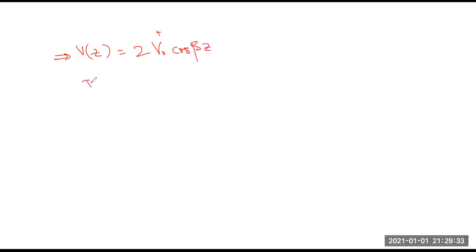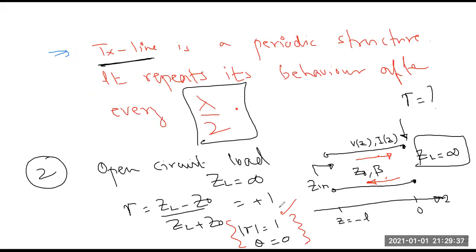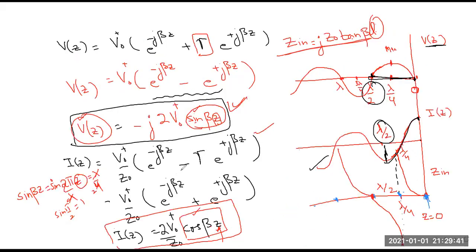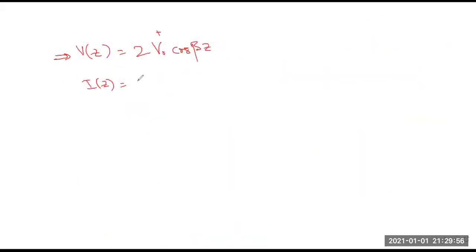Similarly, if you use this value of reflection coefficient equal to +1 in the current expression, this will remain -1. When you have a minus exponential function, that is the difference of these two exponential functions, then you will get sine. So for this case, current will be in terms of sine.